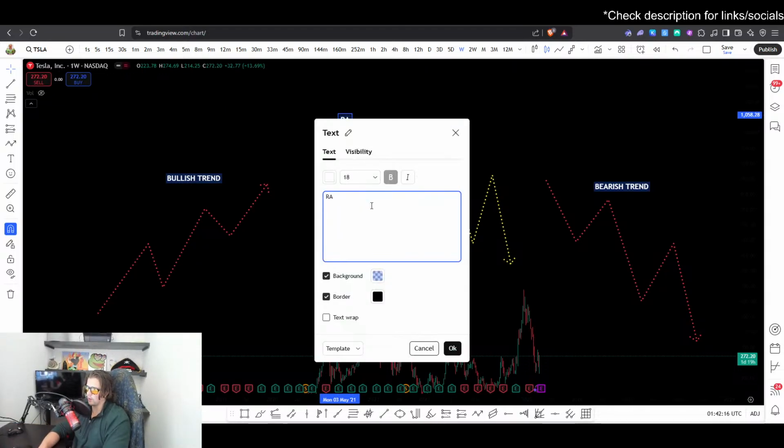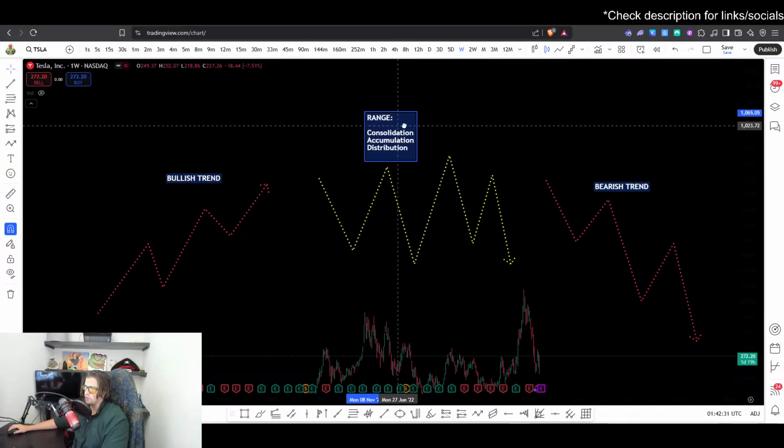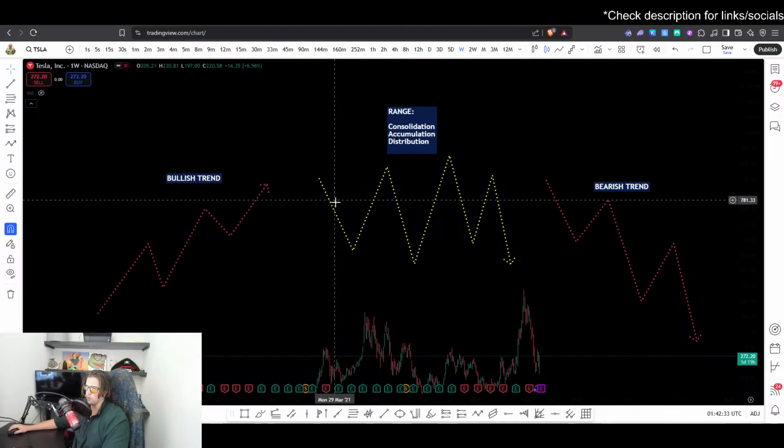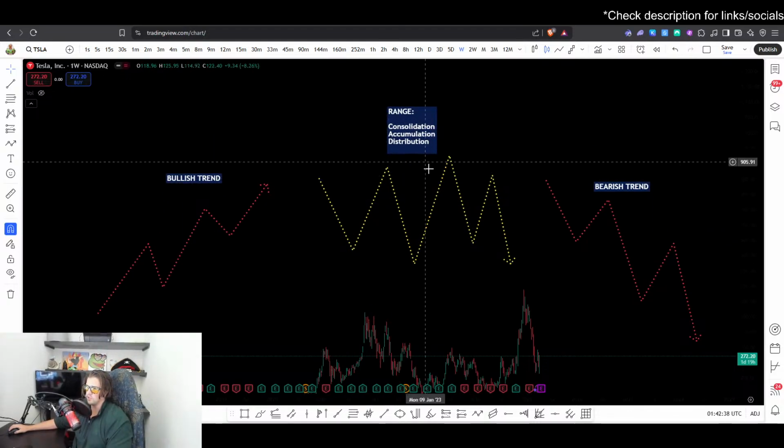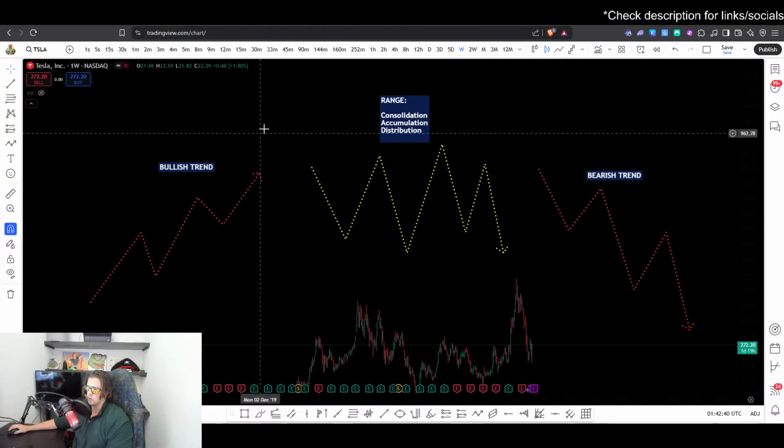So for a range, you'll hear the term consolidation or accumulation usually, or you might hear distribution. These are pretty much all words for some sort of a range environment, but it just means where it is within the trend.